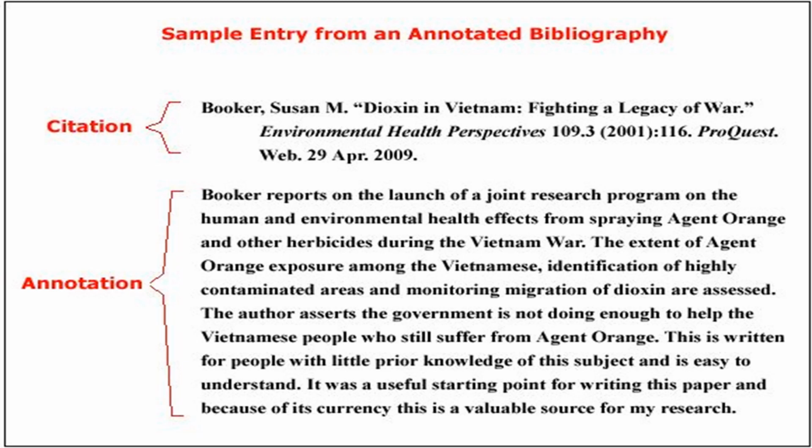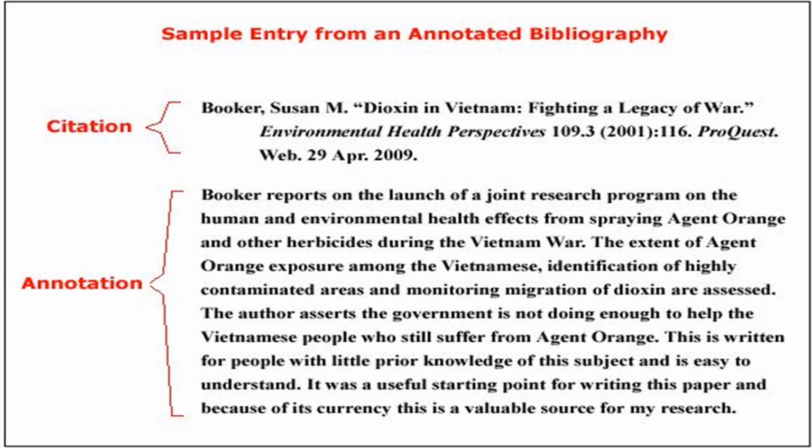You make sure you provide a clear relevance of the reference to your research study to make sure that this material is important to be considered as part of your literature review. Now here, it is a useful starting point for writing this paper, and because of its currency, this is a valuable source for my research.